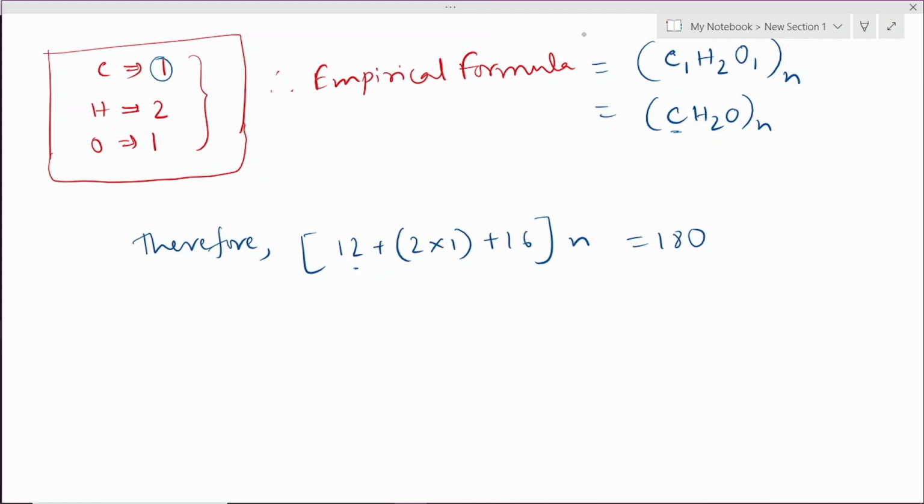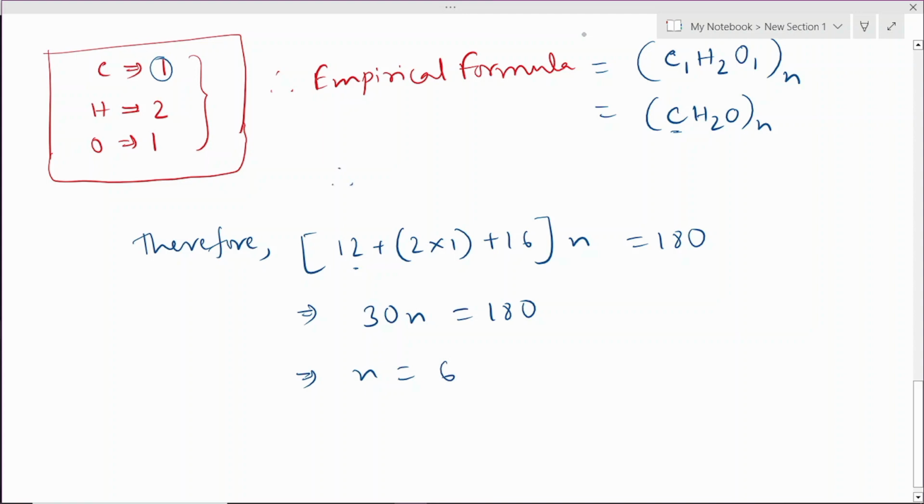So 30n is equal to 180, so n is equal to 6.